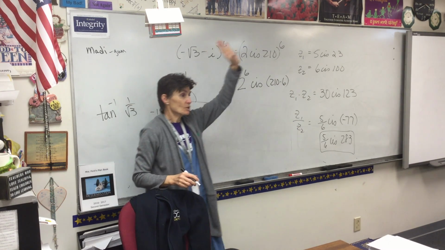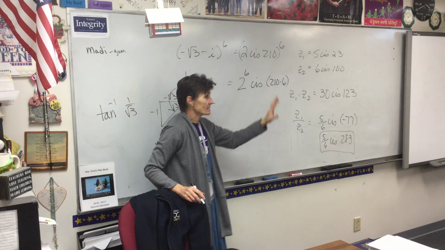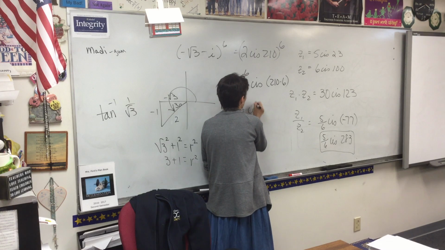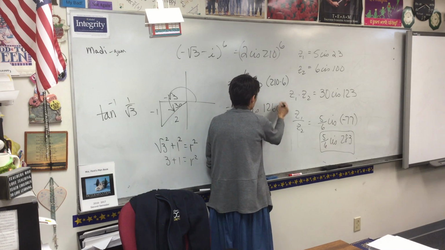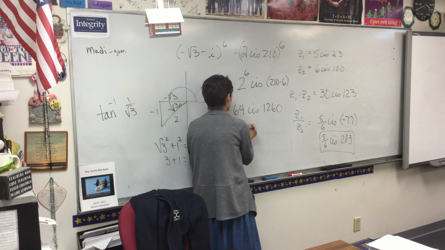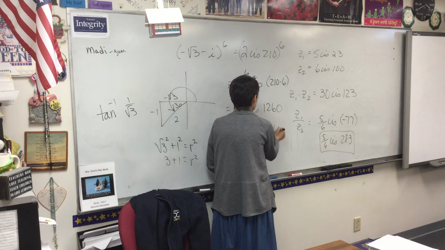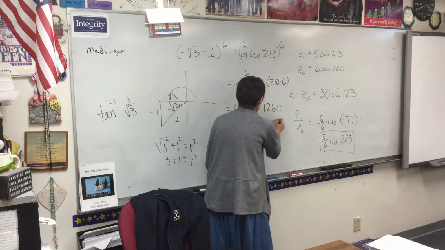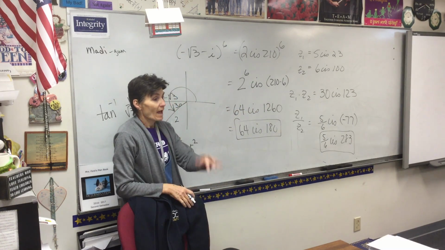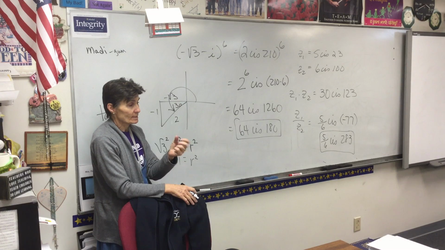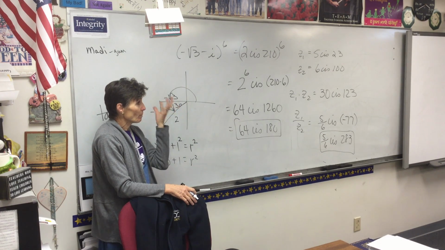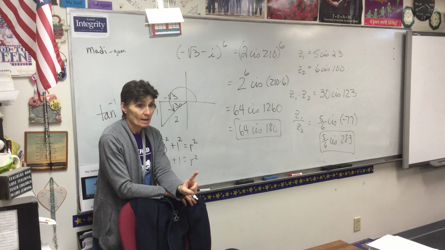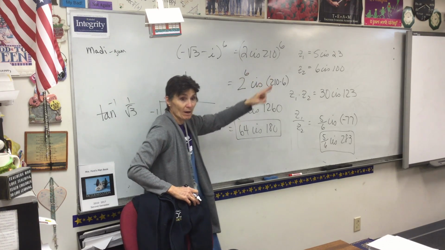So the radius goes to the power, the angle gets multiplied by the power. So that's 64 and 1260, which is too big. So you subtracted some 360s and got it down to 180, and that's the answer. So that problem on the test, where it's got something to a power, first step, get it into the cis form, and then second step, actually do the power.